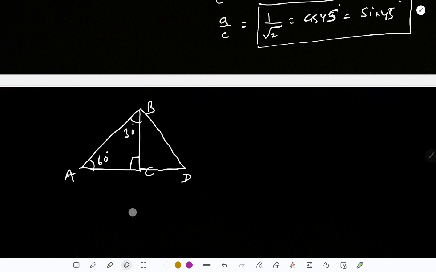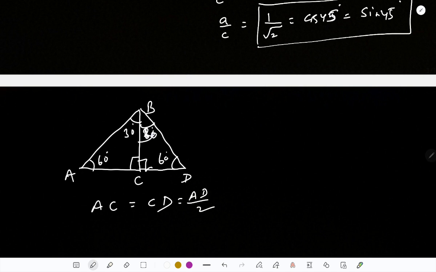That means C is here, and that means few things like AC will be equal to CD, and that will be equal to AD upon 2, and this angle will be definitely 60 degree. This is right angle, that means this angle is 60 degree, 30 degree.